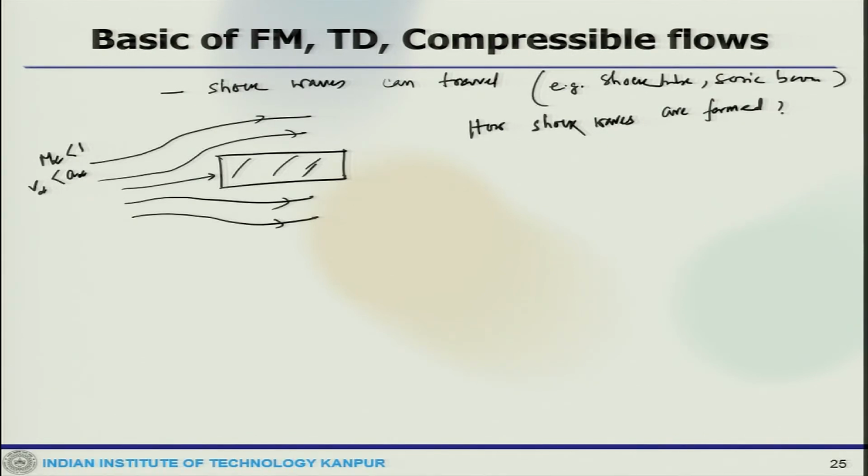So, we consider a flat plate, or rather this object, which is mounted in a flow, and the flow field consists of individual molecules, some of which impact on the face of this, let us say, cylinder. Now, in general there would be a change in molecular energy and momentum due to impact.